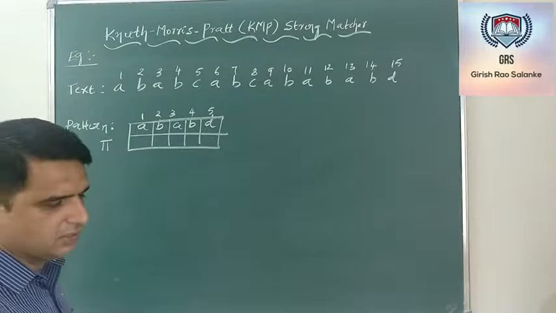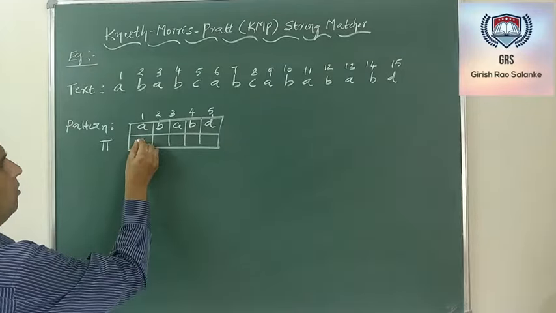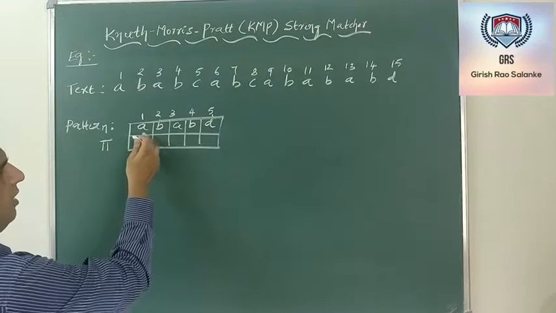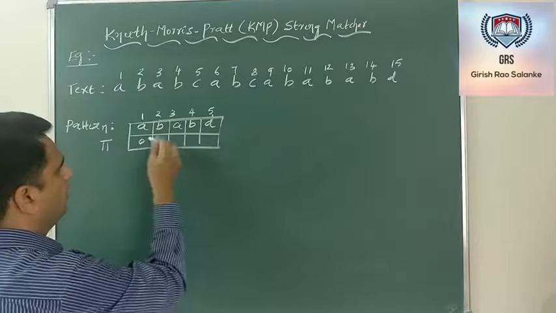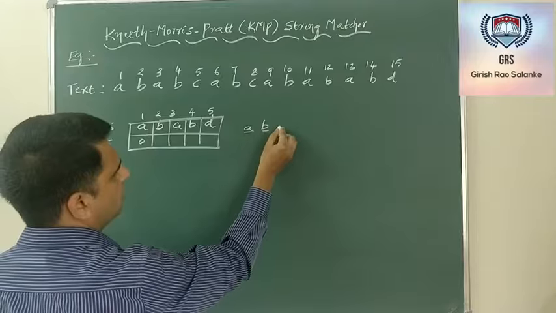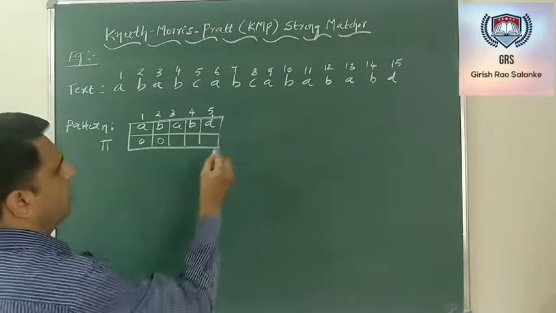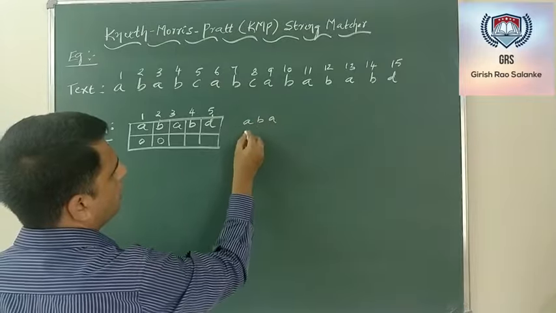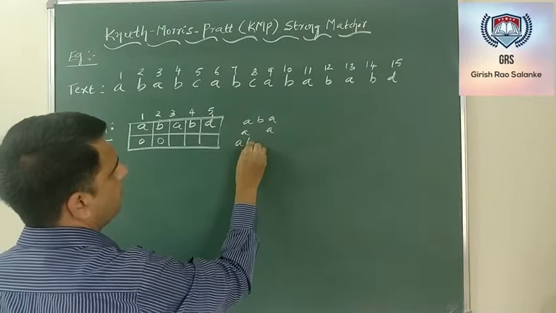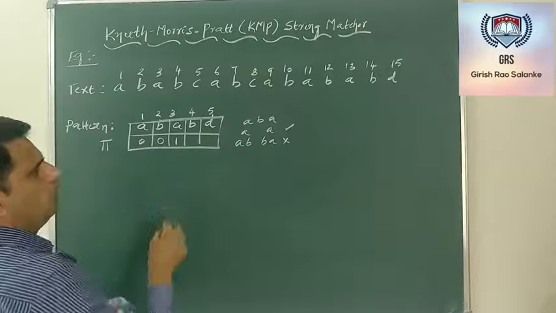For the first character, we know that the prefix value is 0. Next I consider AB. A does not match with B, so there is no match here, so this is also 0. Next was ABA. A and A match. AB does not match with BA. So there was a match of size 1.